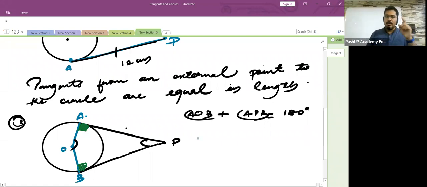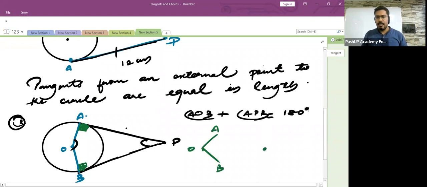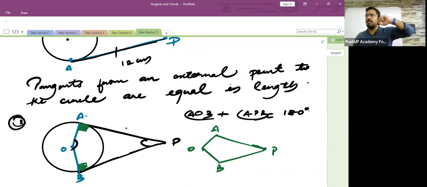If I ask you, what is this shape AOBP? It's a quadrilateral, isn't it? Four sides are there, so it is a quadrilateral. I'm not specifically asking you the name of that quadrilateral. It can be a kite, it can be a rhombus, anything, children.